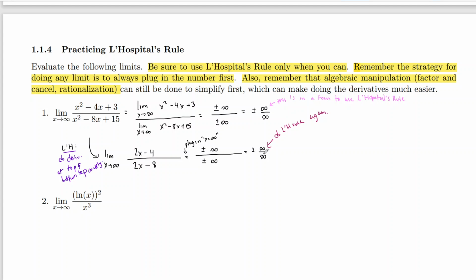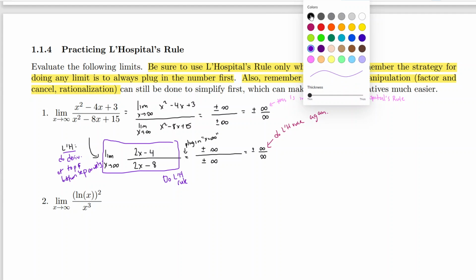But for this one, we want to go ahead and do L'Hopital's rule again. Keep in mind that after we did L'Hopital's rule the first time, we were evaluating this limit. So we do L'Hopital's rule again once we are in the simplified part after the first application of L'Hopital's rule. So we want to do L'Hopital's rule on this thing.